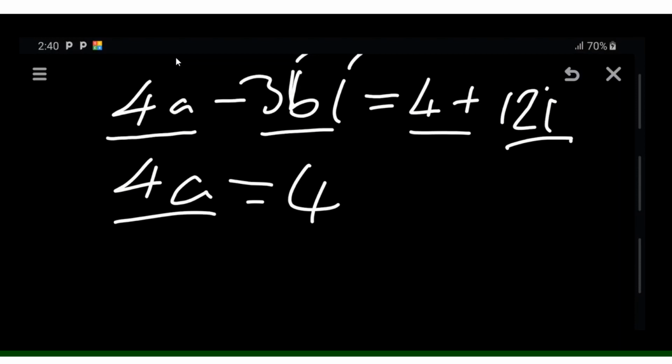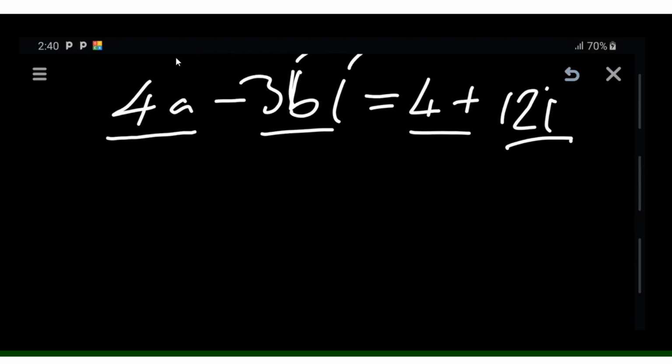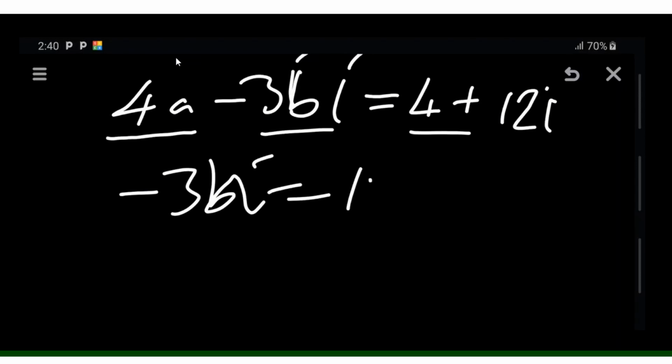We divide both sides by 4, which gives a is equal to 1. Done there. This is too simple, guys. And I have negative 3bi is equal to 12i.